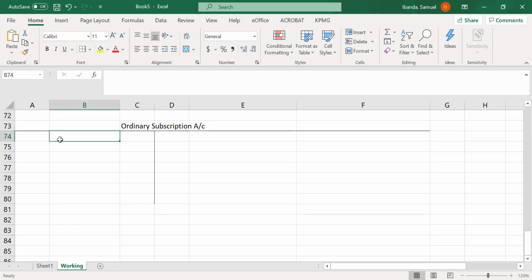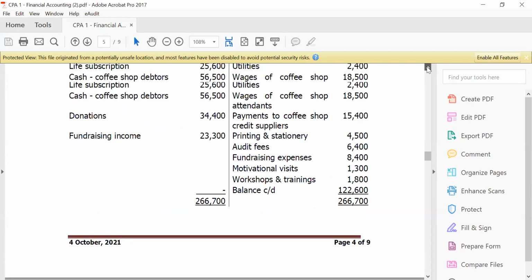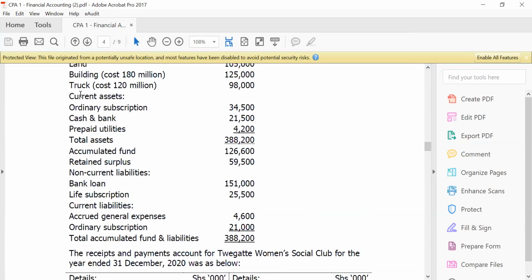So the ordinary subscription account has many items. Now, we have balances, and those balances are coming from the balance sheet that we have been provided. They have given us a balance, which is ordinary subscriptions under our current assets.